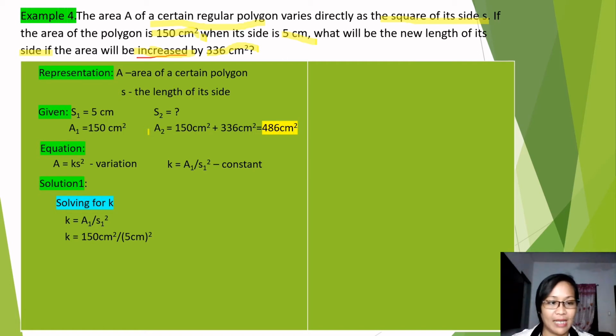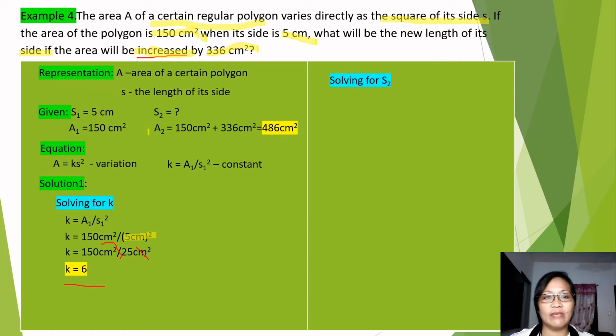Of course, we do the square first. 5 times 5 is 25, and centimeters squared over centimeters squared cancel. Therefore, for our K, 150 divided by 25 is equal to 6.